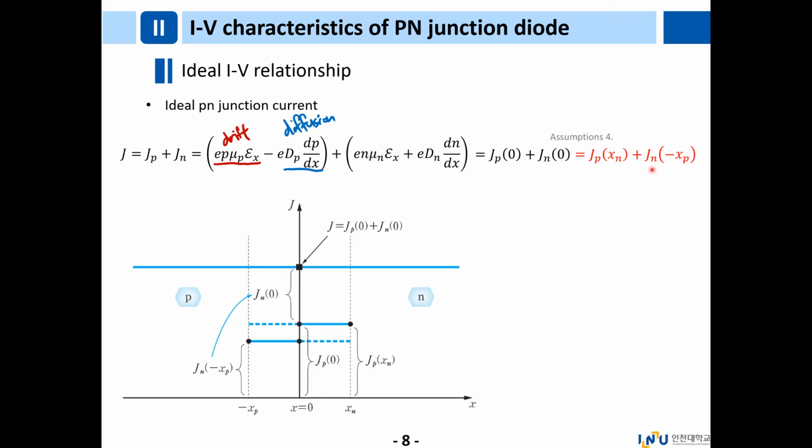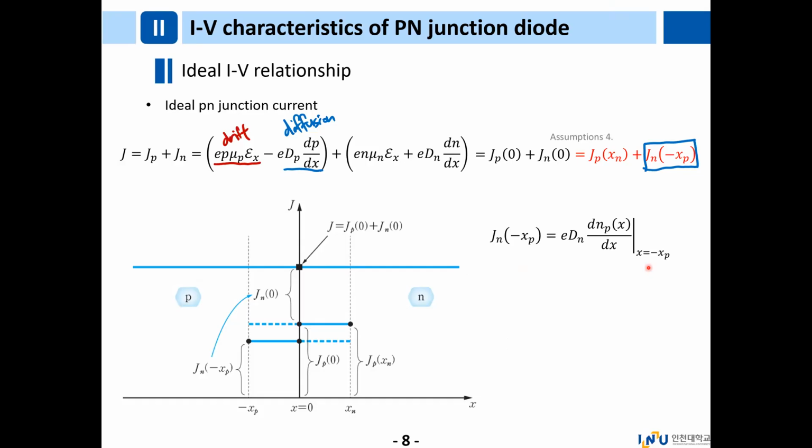First, let's find Jn at minus xp. The diffusion current density of minority carriers, in this case electrons, at x equal minus xp can be written as follows.